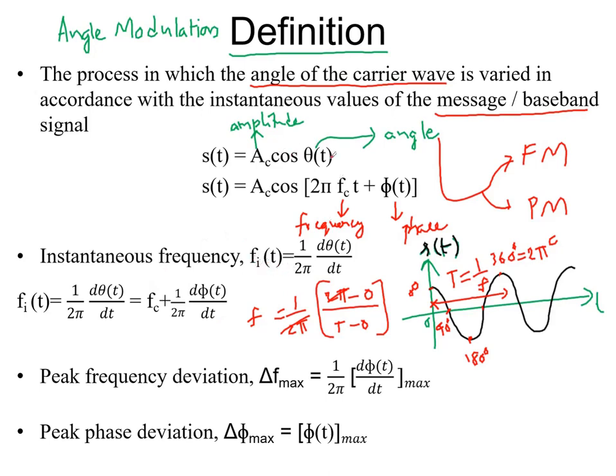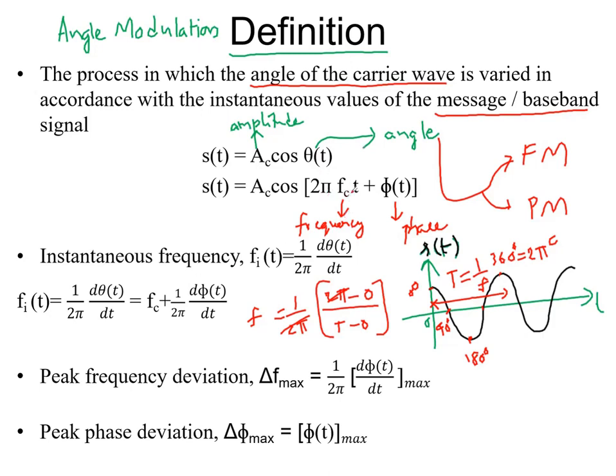Whenever you are given an equation, you can calculate it like this: 1 upon 2 pi d theta by dt. Now, going to the current case, theta is 2 pi fc t plus phi of t. That's why the instantaneous frequency can be calculated as 1 upon 2 pi d by dt of 2 pi fc t plus phi of t, where phi of t is the phase, theta is the angle, fc is the frequency.